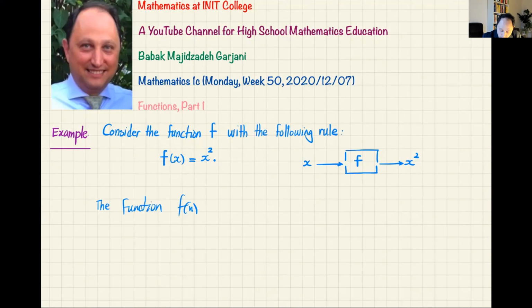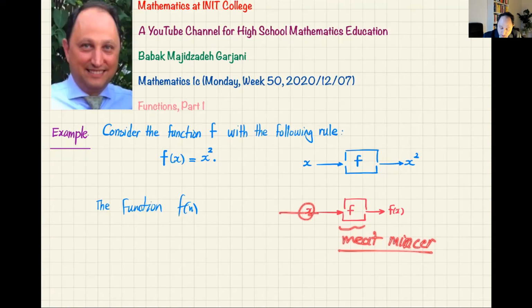If I want to draw a diagram that you need to have in your head, assume that you have a box here, a machine, some kind of operator. You send x in. If the name of the function is f, what you get out is called f of x. For example, if this is a meat mincer, you put blocks of meat in the meat mincer, and what you get out is the minced meat.